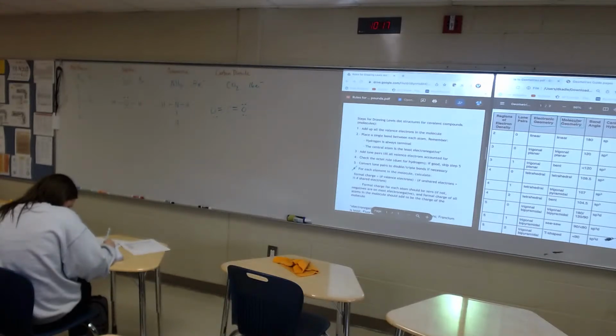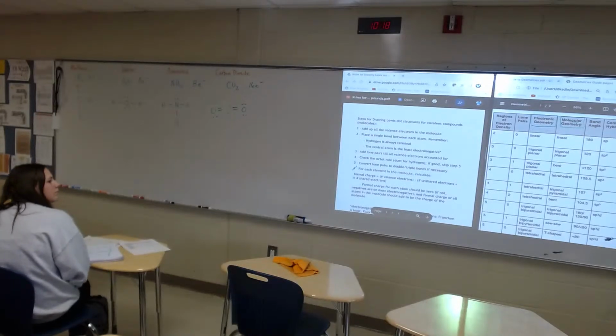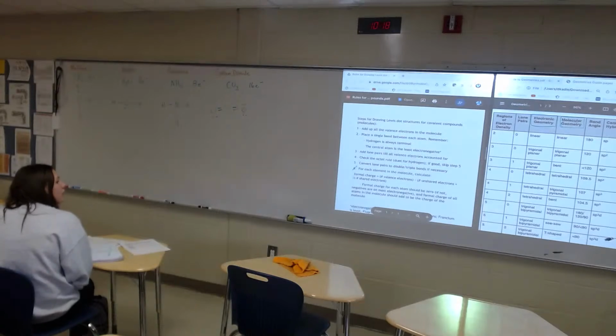Now, if you look at number 40, it says tetrahedral, tetrahedral, and the bond angle is 109.5. What is it if you have one lone pair? 107. So what happens? The lone pair is more repulsive than the bonding pair.